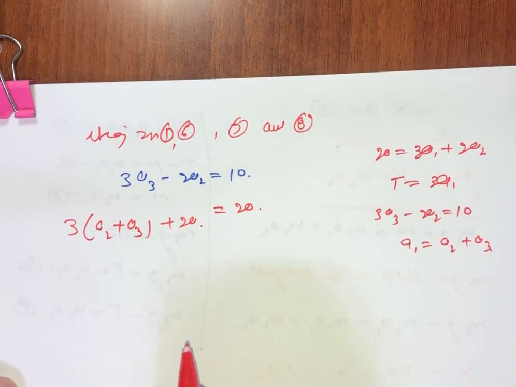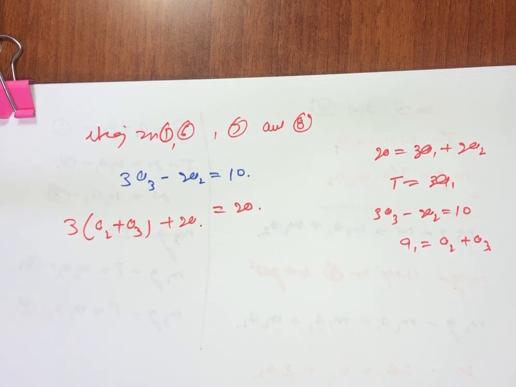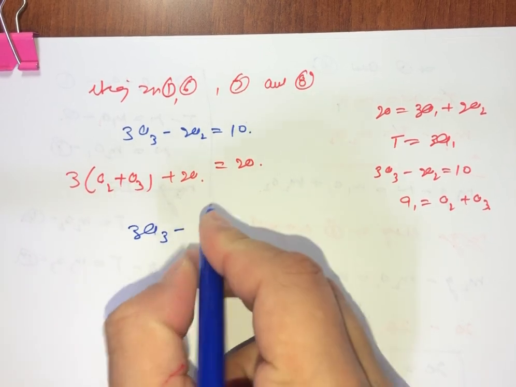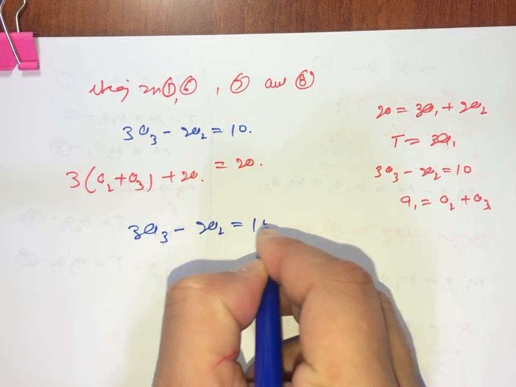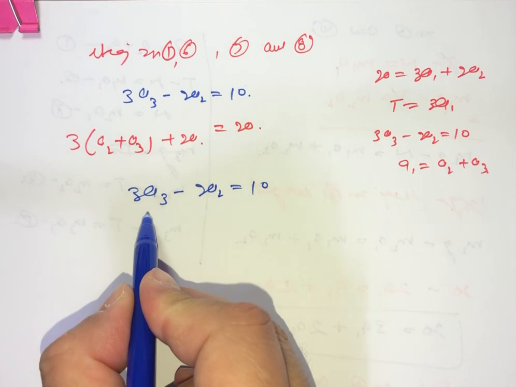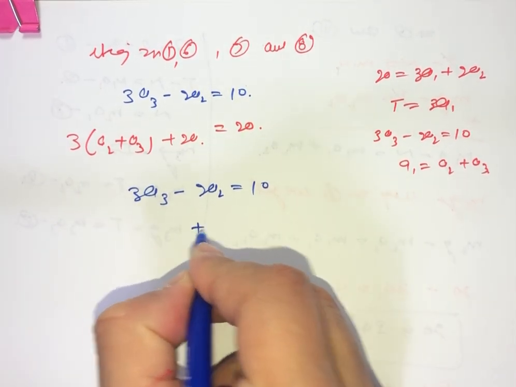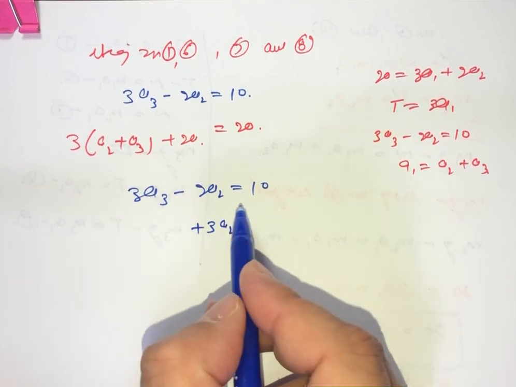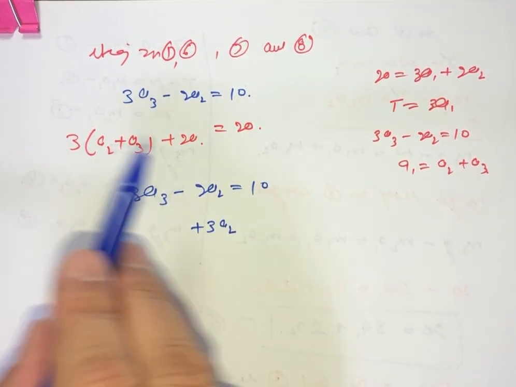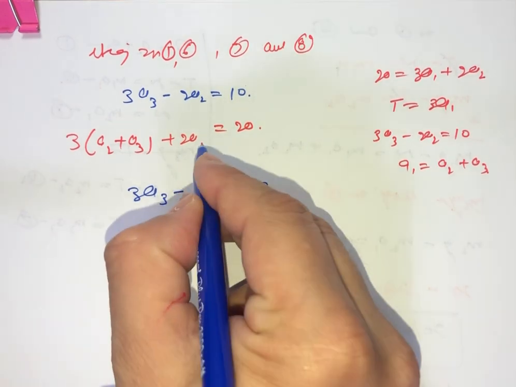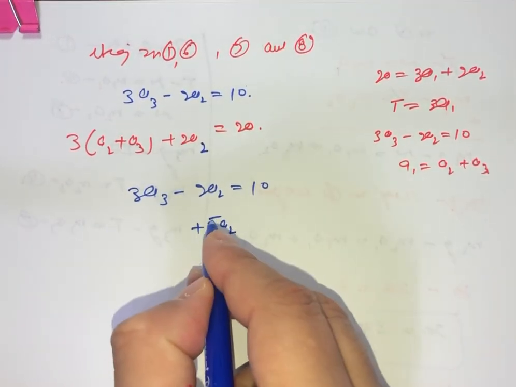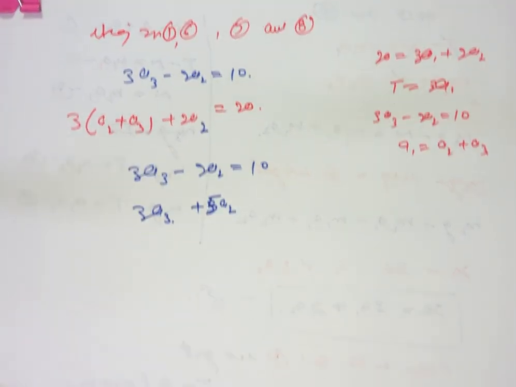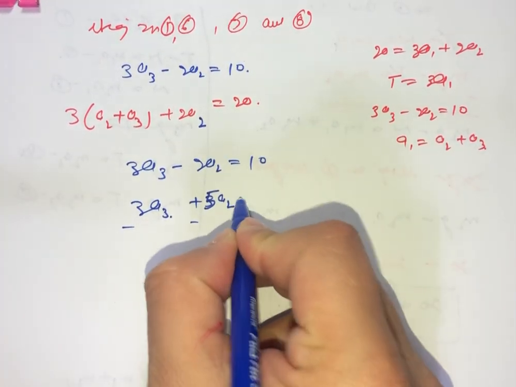So we get this as 3a3 minus 2a2 is equal to 10, and this comes as 3a2, one second, this is 2a2, sorry. So this comes as 5a2 plus 3a3, and we add them. This is equal to 20.